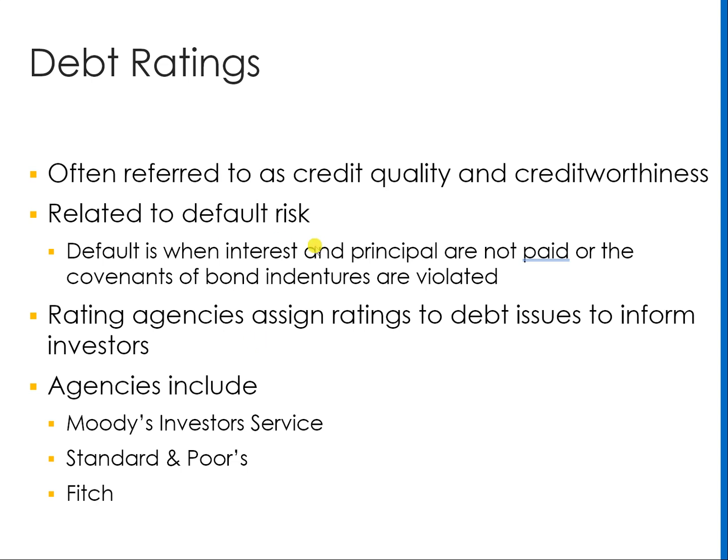The higher the default risk, the riskier the debt securities will be. There are many debt rating agencies, but typically we have Moody's, S&P, and Fitch. Those are the typical rating agencies we have.